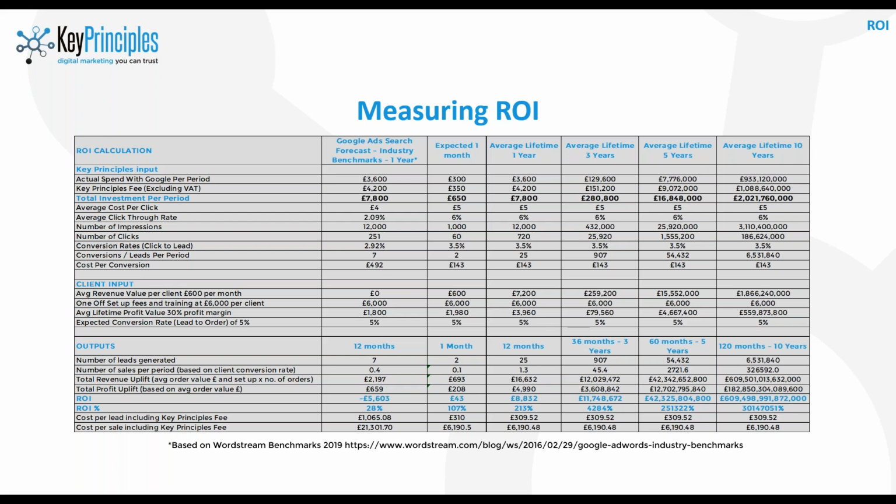If you want to have a chat about measuring ROI offline, then certainly we can do that. Just email me and we can start working on how we can start measuring the ROI for you and your business. So activity number eight would be to measure ROI by campaign and by activity.